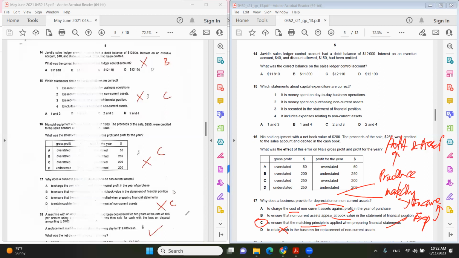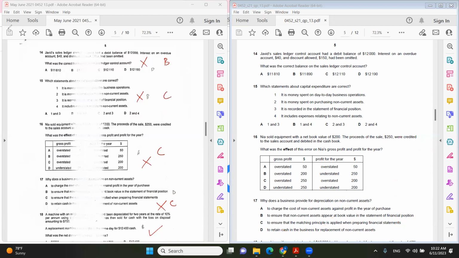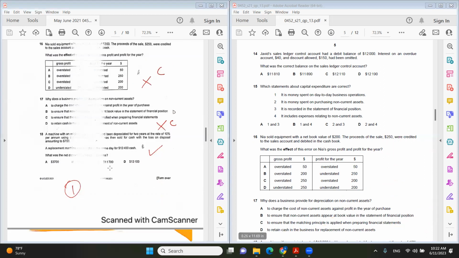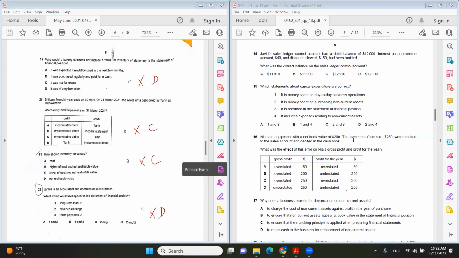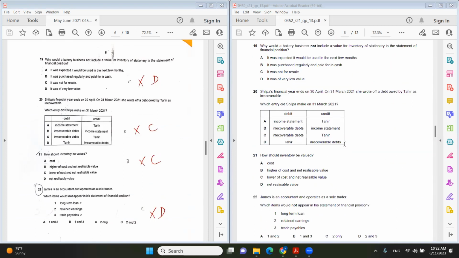Okay, next one. 19. Why would a bakery business not include a value for inventory of stationery in the statement of financial position?